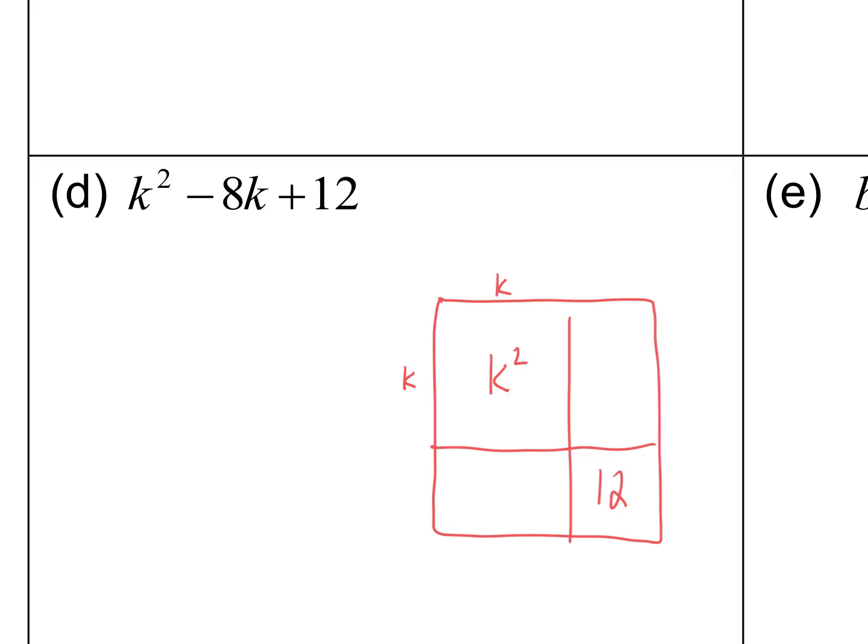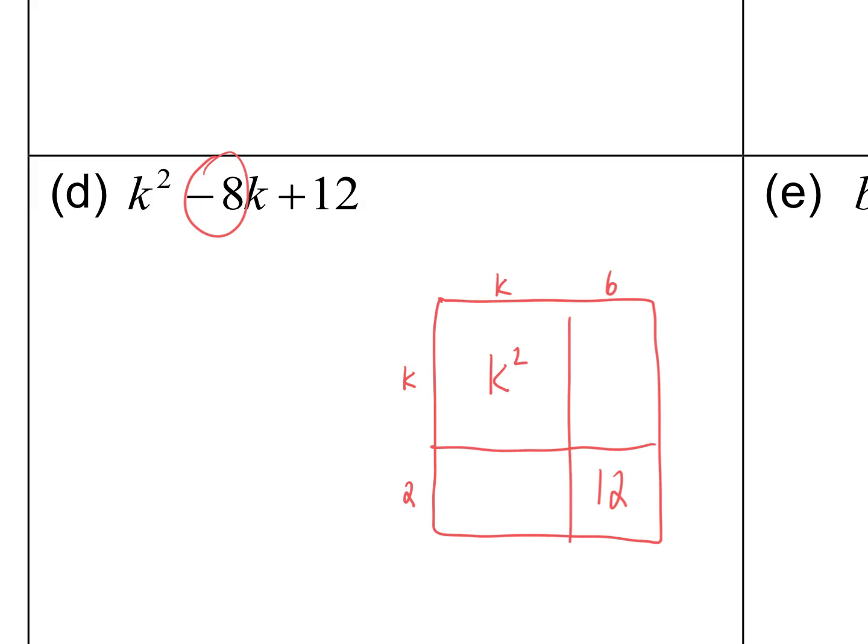Which factors of 12 give me 8? 6 and 2. But you need to ask yourself, I want to get minus 8. So that means this piece must be minus 6, this piece must be minus 2, so that when I add them up, I get minus 8, right?